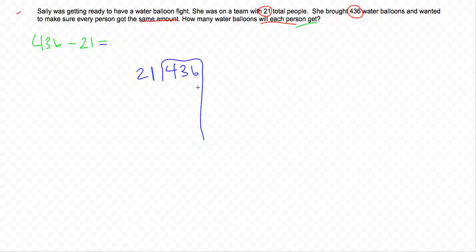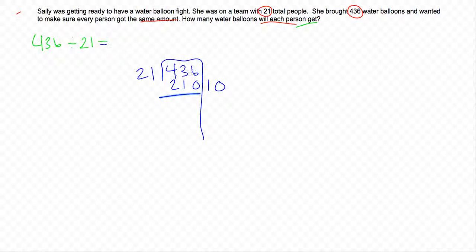So remember, if we think about our landmark numbers, we're figuring out how many groups of 21 can we take out of 436. So thinking about landmark numbers, I know that I can take 10 groups out. So if I take 10 groups of 21 out of 436, that means that I'm going to have 210 balloons that are taken away.